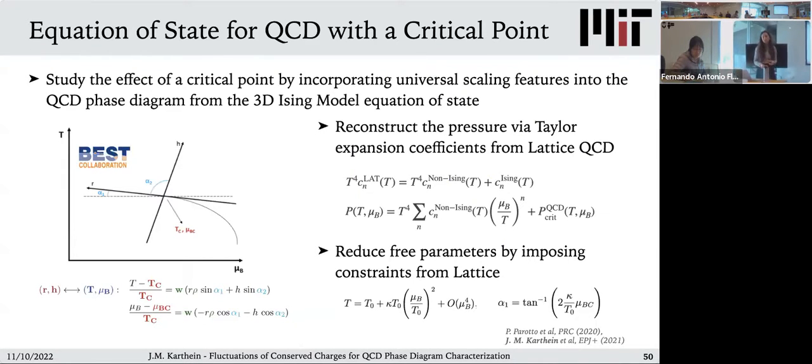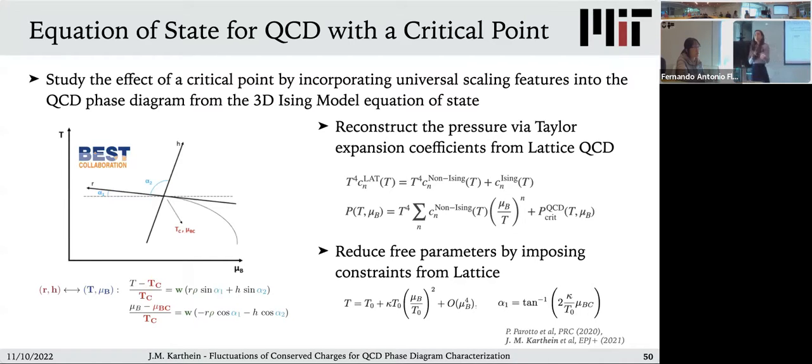Okay, so how are we going to be able to say anything about the critical point if we don't know where it is and if we don't have something that carries some critical features? We can incorporate a critical point into the QCD phase diagram by using what's known from universality classes.